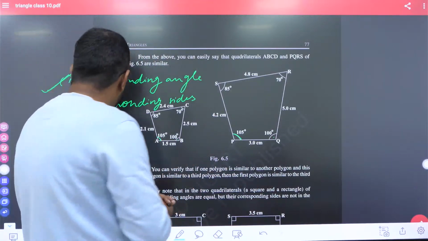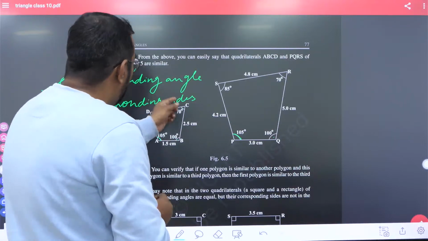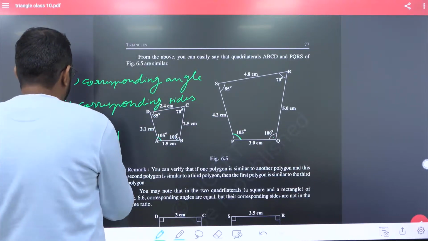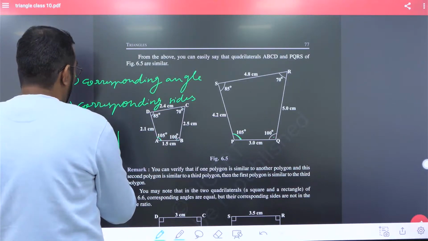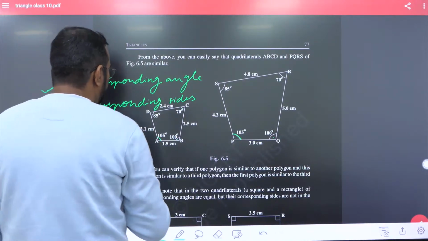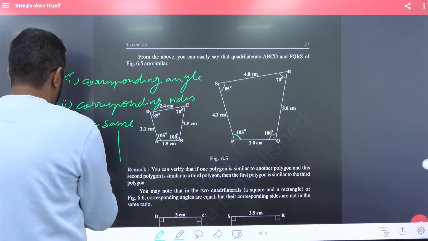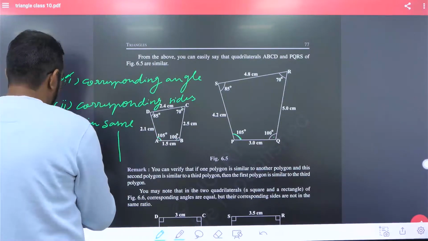Now we have to check the second thing, corresponding sides. Corresponding sides should be proportional, in the same ratio. They do not need to be equal.